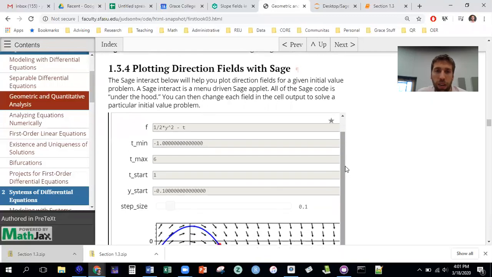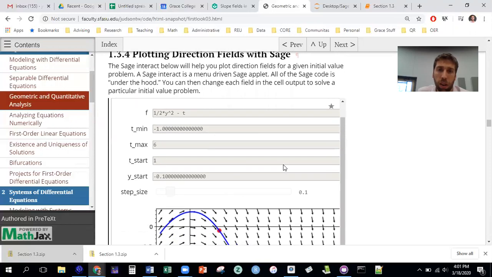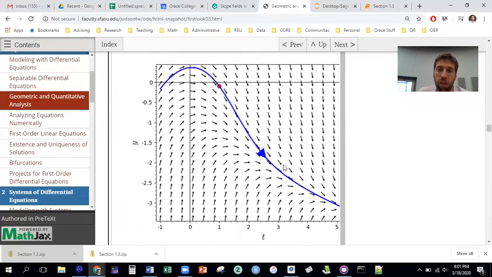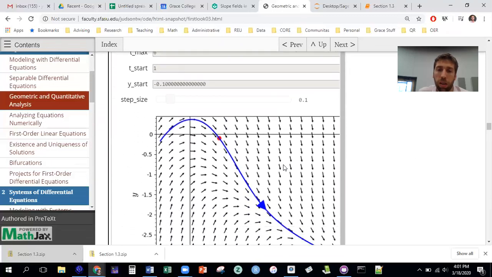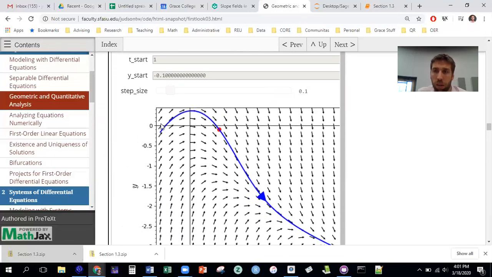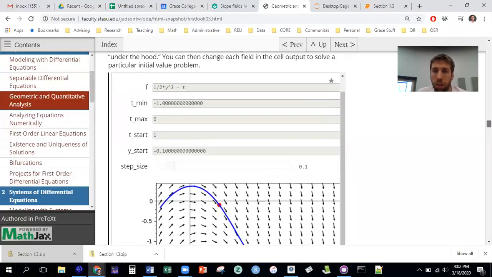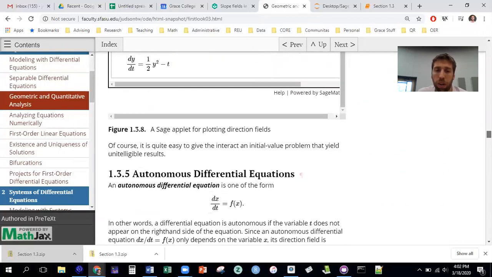Now, in 1.34, if you're on the HTML version of your textbook, the book gives you this little applet for creating the plot of the slope field and a solution. It keeps the Sage all under the hood so that you can just plot different answers there.